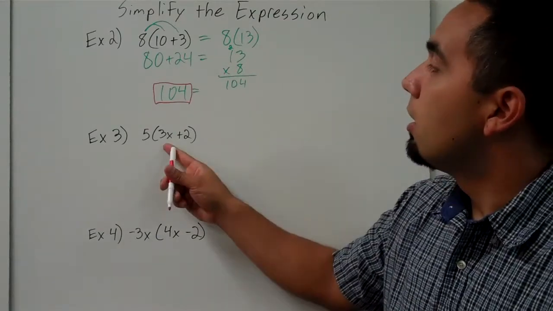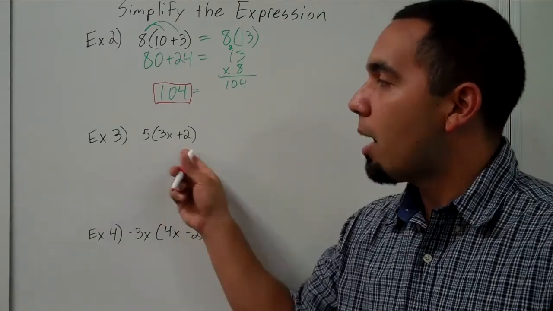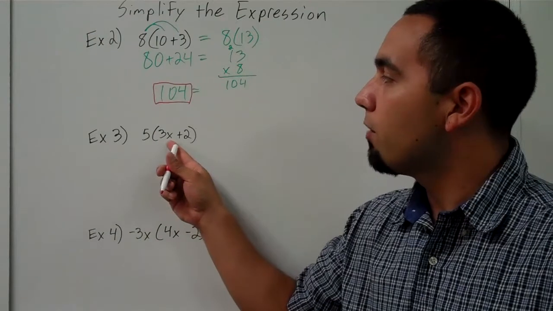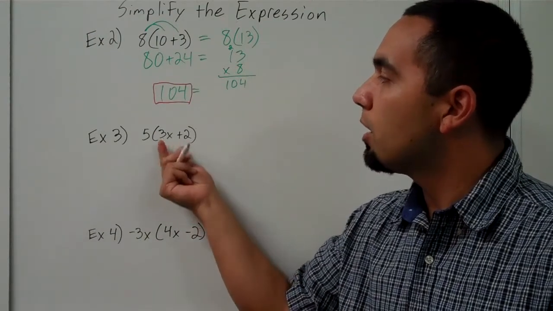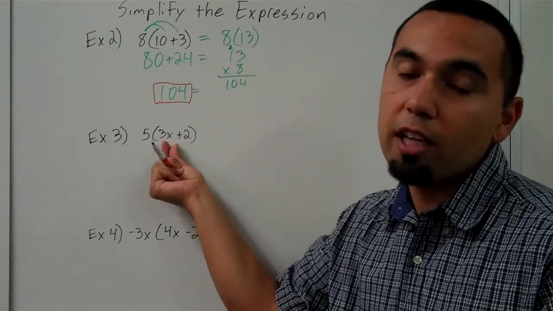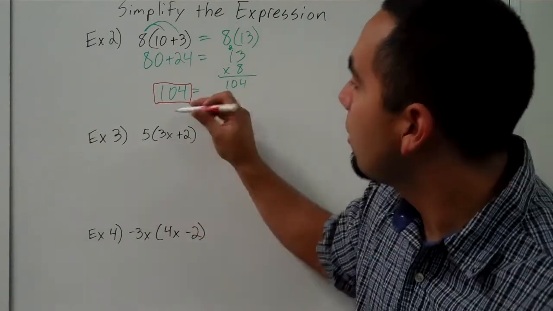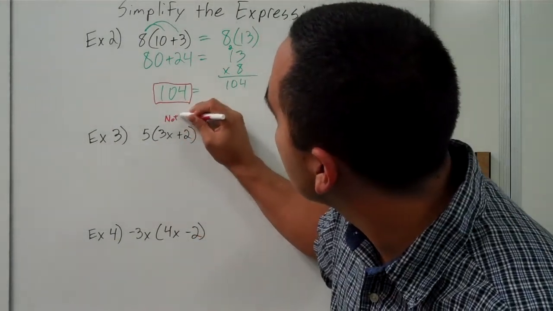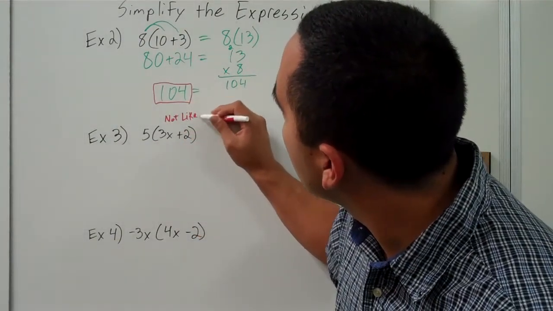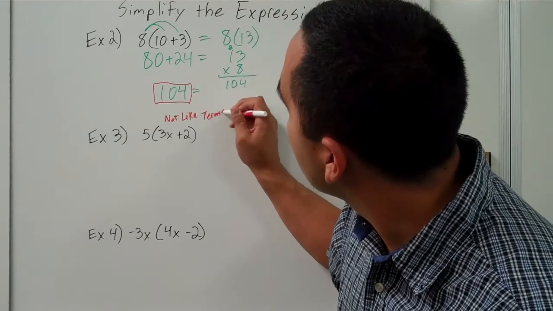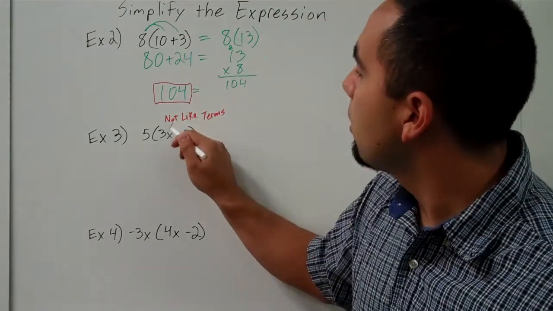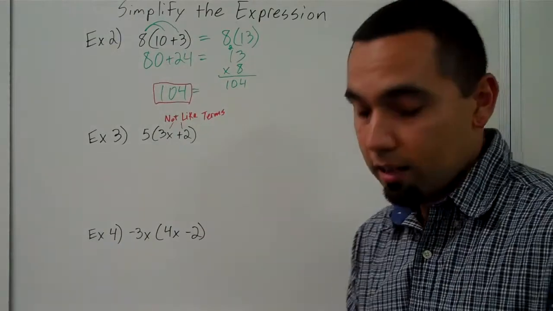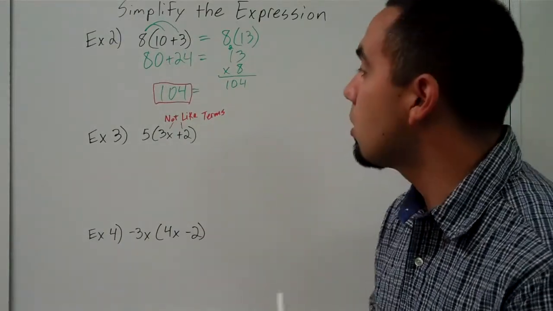The only time this doesn't work is in example 3, where we have 3x plus 2 on the inside. Here we can't add these two terms together. These are not like terms. So that means we can't add them, and I have to distribute in this case.